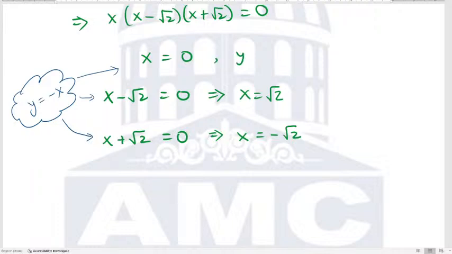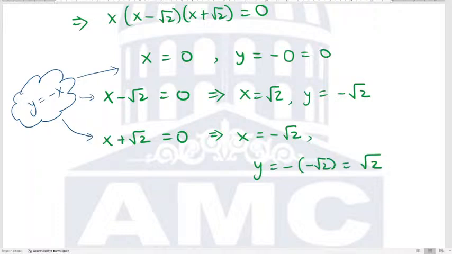So the first case, y will be equal to negative of 0, which is the same as 0, right? And in the second case, y will be the negative of square root of 2. And in the third case, y will be the negative of root 2, which is positive root 2.